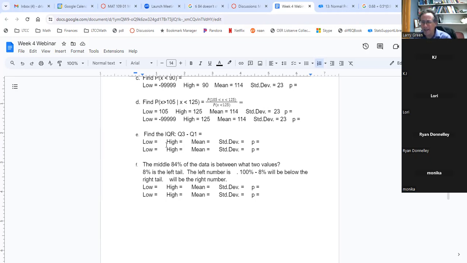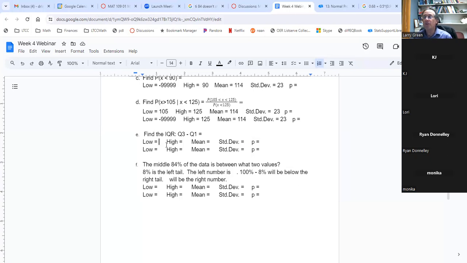What does that mean? Any idea? Yeah, 75% of the values are lower than the third quartile. Another way of saying it is the probability of being lower than the third quartile is 0.75.